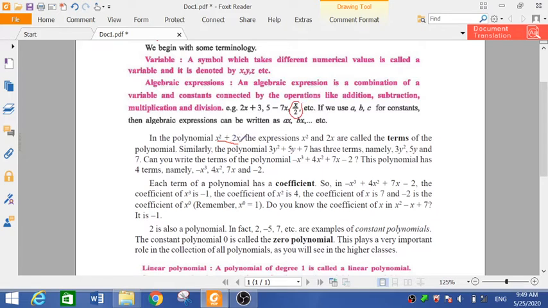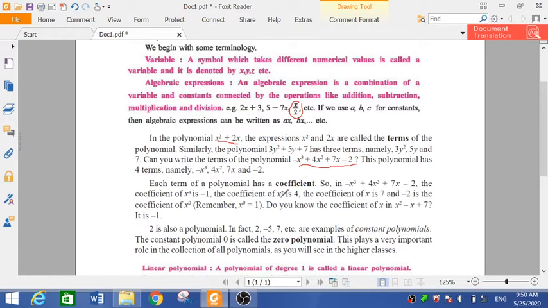When 3 terms, trinomial. More than 3 terms, we say polynomial. Here 3y square plus 5y plus 7 has 3 terms: 3y square, 5y and 7. Here, minus x cube plus 4x square plus 7x minus 2 has 4 terms, so we can say polynomial.